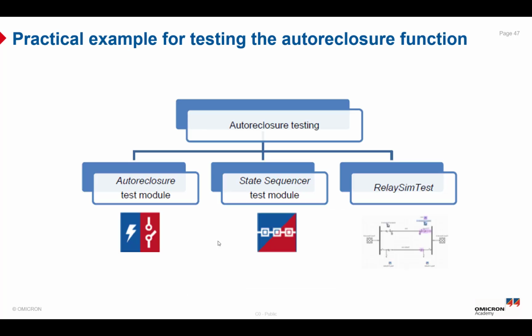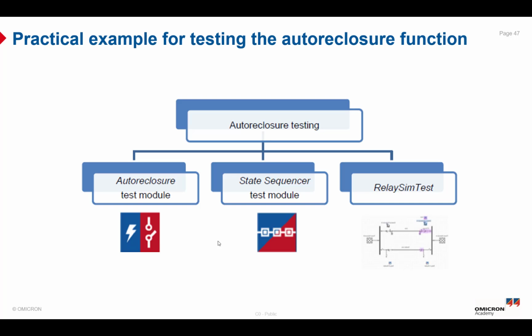Okay. So we have a practical example of how to test the auto reclosure function. Depending on the application complexity of the auto reclosure function, different approaches can be taken into consideration for testing. Without complex blocking or releasing logic, it can be tested with the Test Universe auto reclosure module. Also, it can be tested using the State Sequencer module.